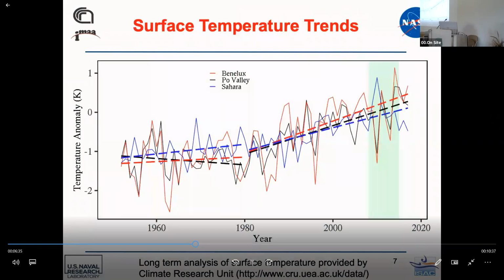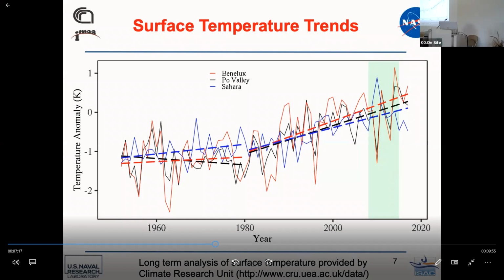So if we examine the long-term trend for temperature, we can see here that since the 50s, the temperature anomaly is constant, also towards negative values, but after the 80s, when industrialization was stronger, there is an increase, both in the anthropogenic and natural regions.